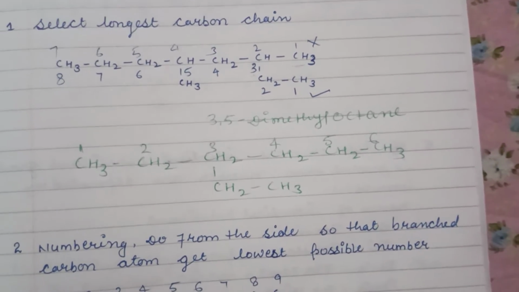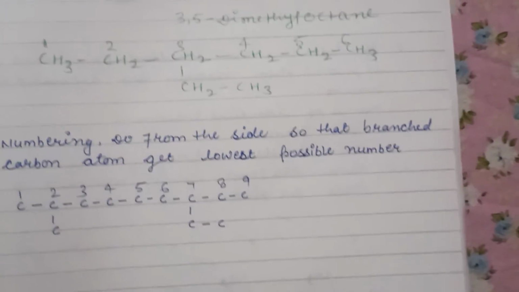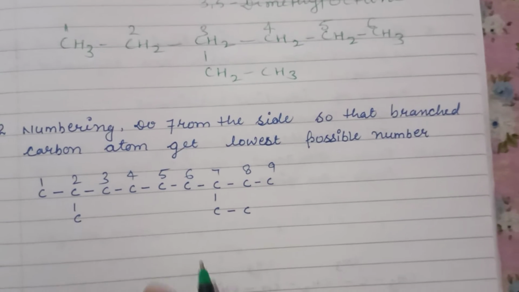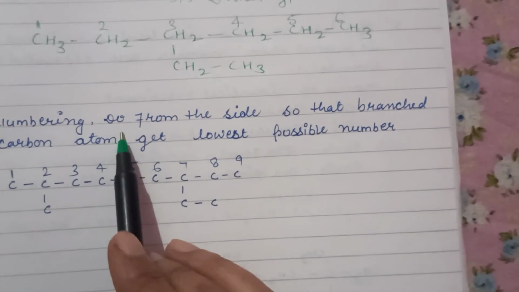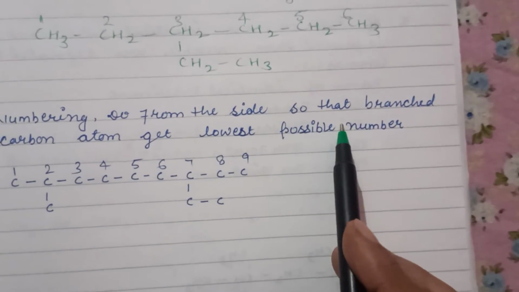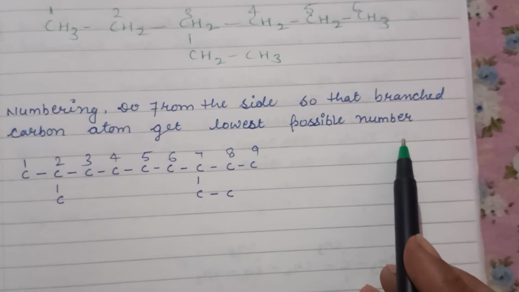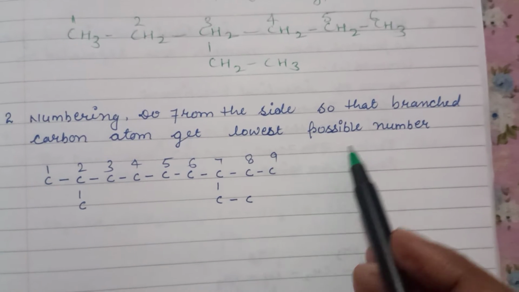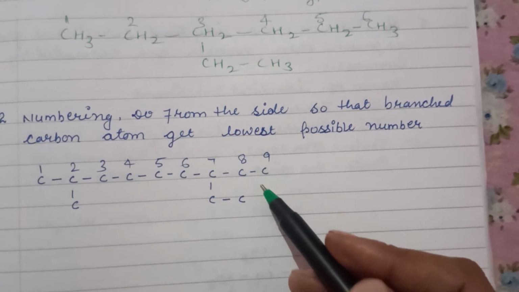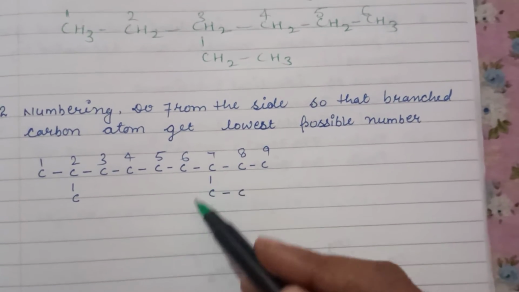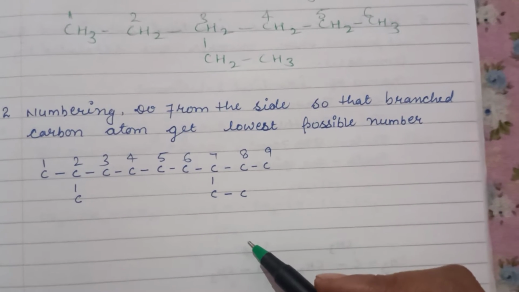Let us read second rule. Second rule is numbering do from this side so that branched carbon atom get lowest possible number. We have to select the numbering from the side where branched carbon atom get lesser number.